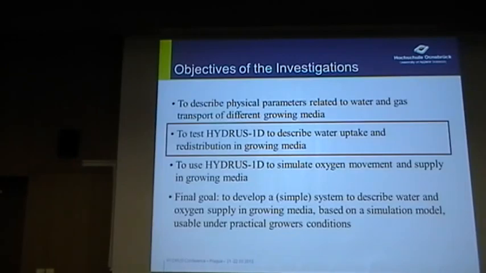This is the only thing I want to talk about today. A bit later we want to use Hydrus 1D to simulate oxygen movement and supply in growing media, and the final goal is to develop a system which should be easy but correct enough to be used by producers of horticultural products.